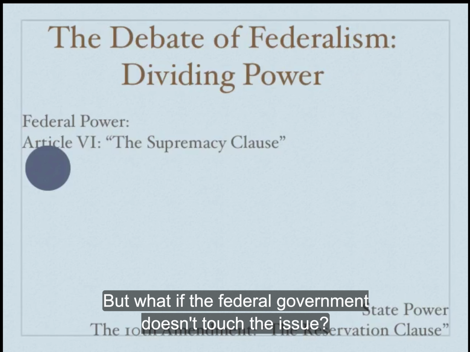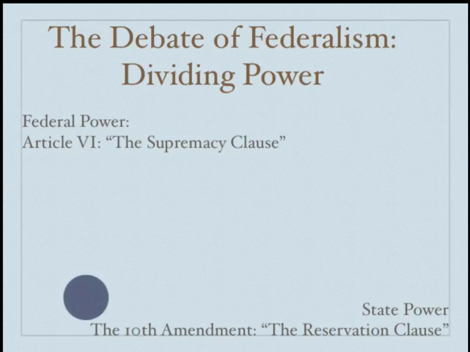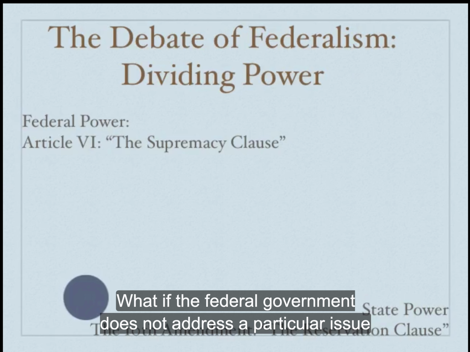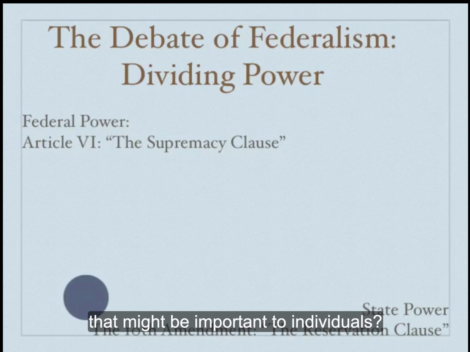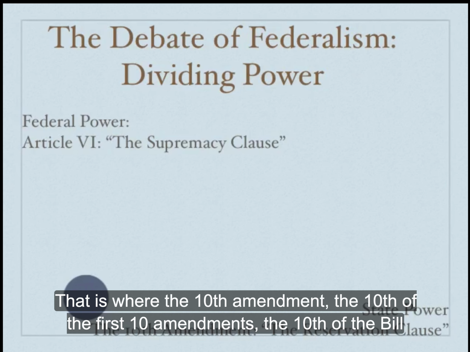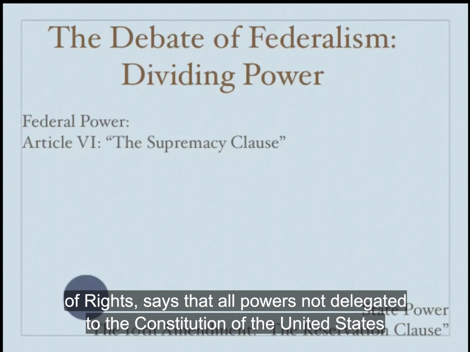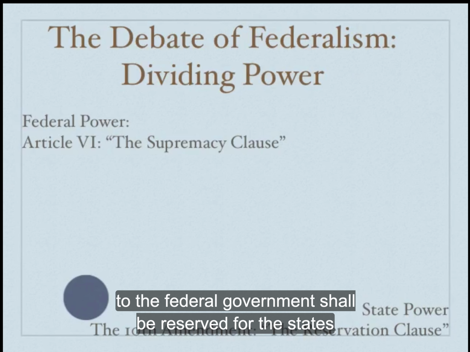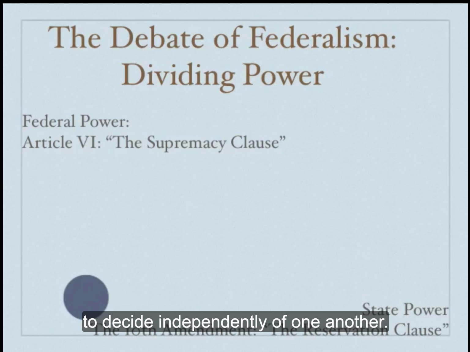But what if the federal government doesn't touch the issue? What if the federal government does not address a particular issue that might be important to individuals? That is where the 10th Amendment, the 10th of the first 10 amendments, the 10th of the Bill of Rights, says that all powers not delegated by the Constitution of the United States to the federal government shall be reserved for the states to decide independently of one another.